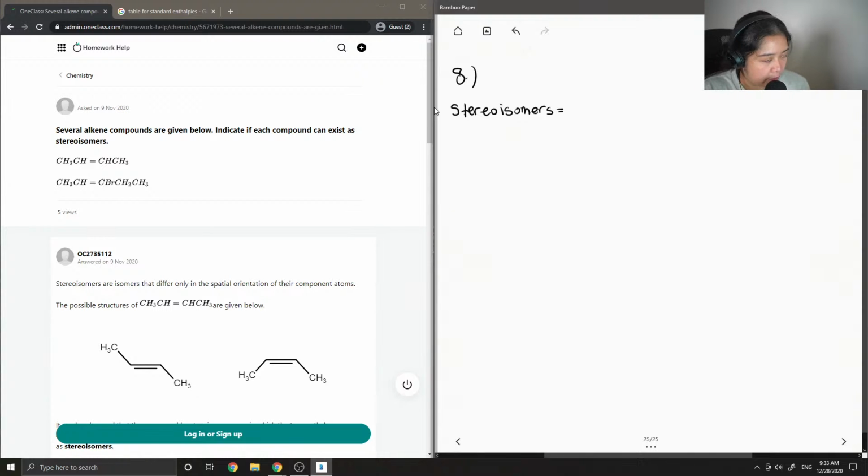This is when two compounds have the same formula but different orientation of atoms.